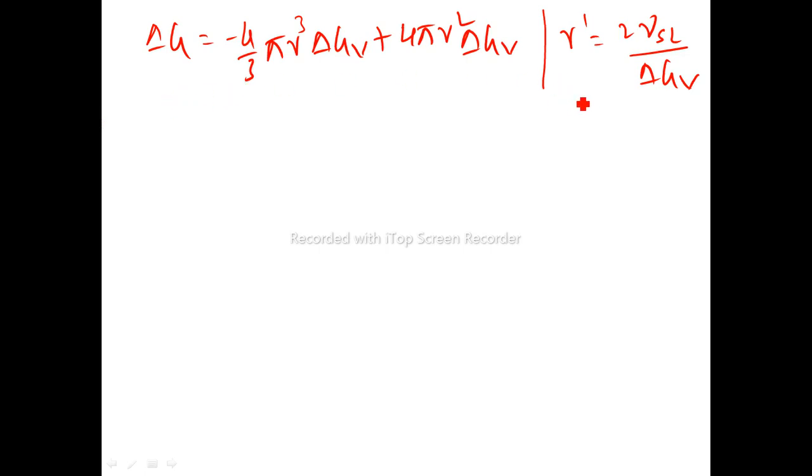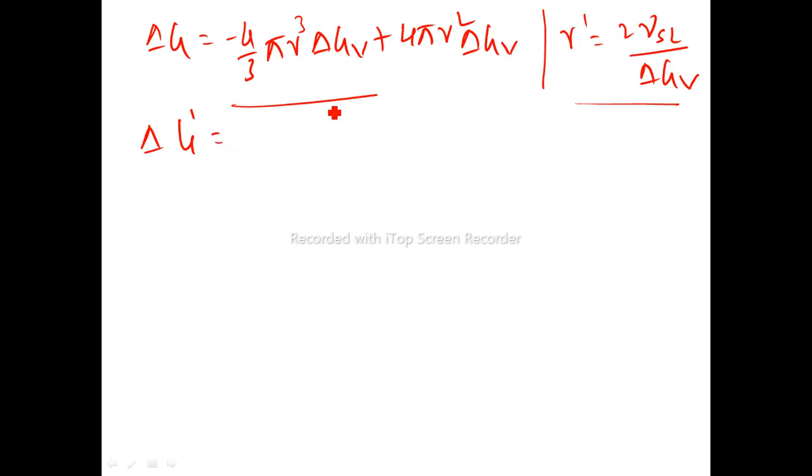Okay, so now we got this expression and this expression. Now we need to determine the change in the Gibbs energy at this critical radius, that is delta G dash.